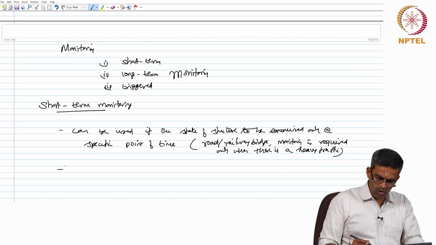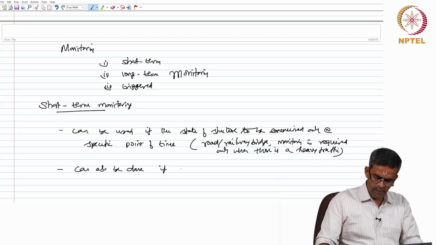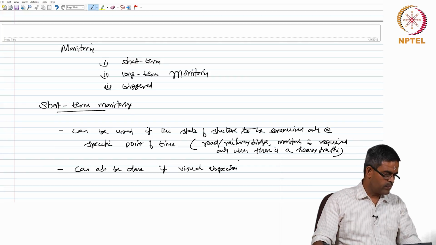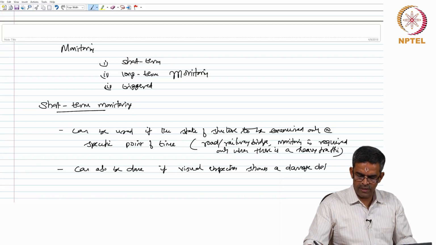Short term monitoring can also be done if visual inspection shows a damage definitely.